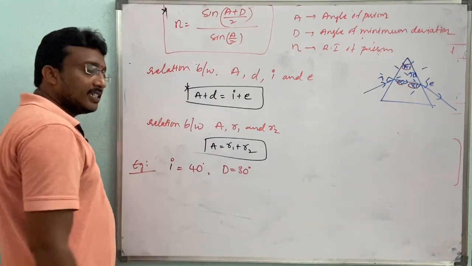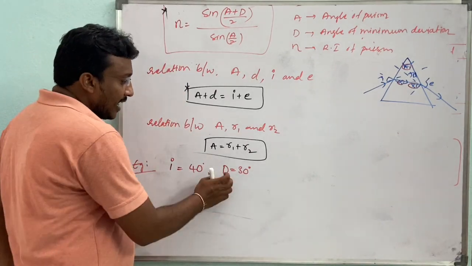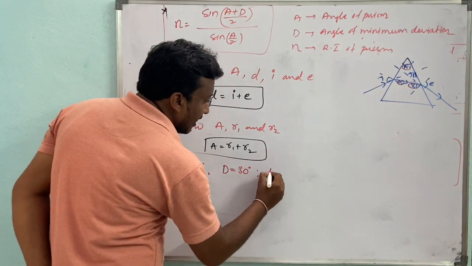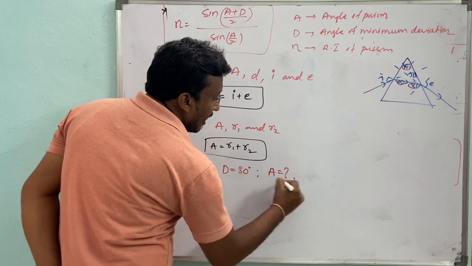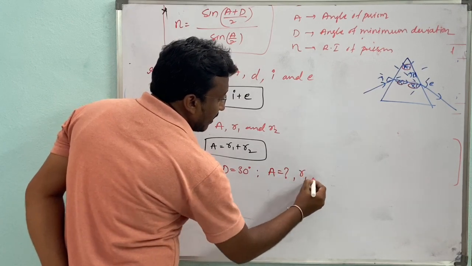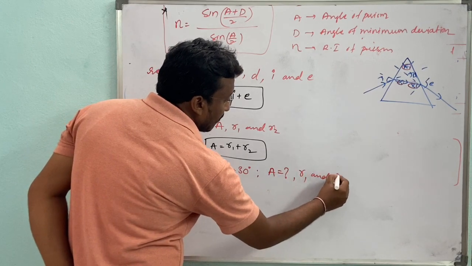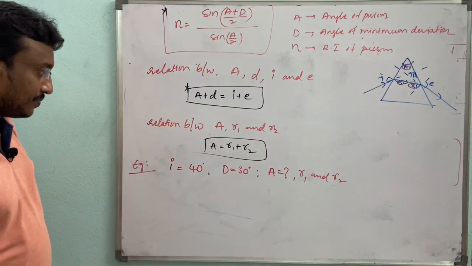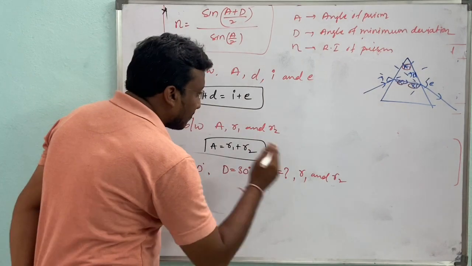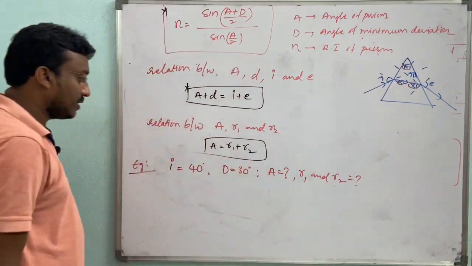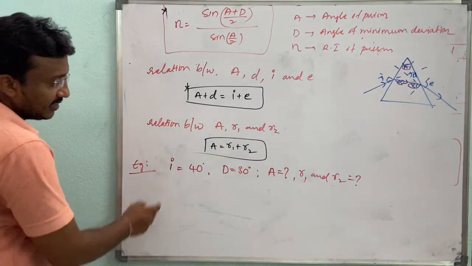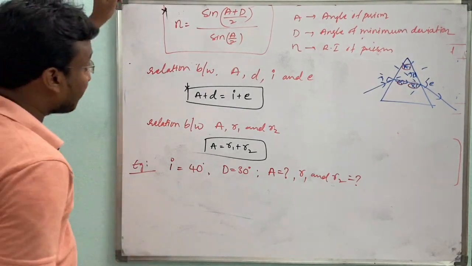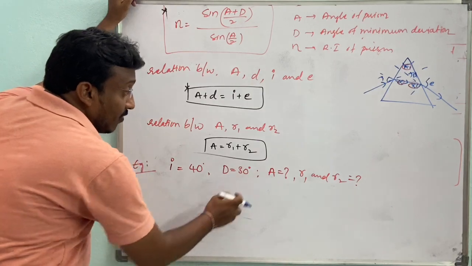And he asked to find A and at the same time R1 and R2. Very important question, right? Angle of incident is given, angle of deviation is given, right? First of all, we have to find A.